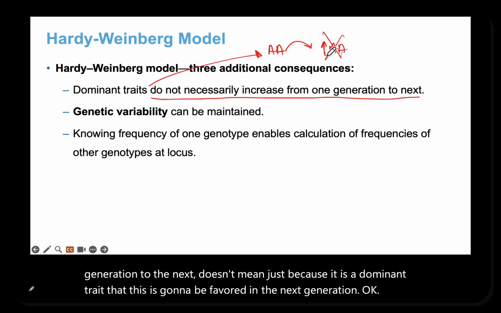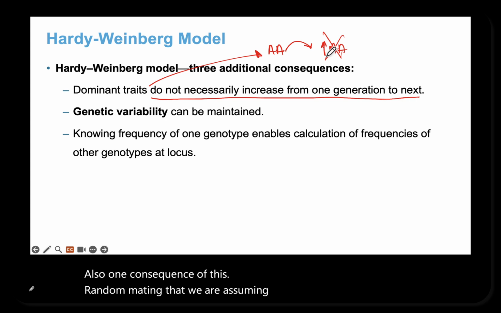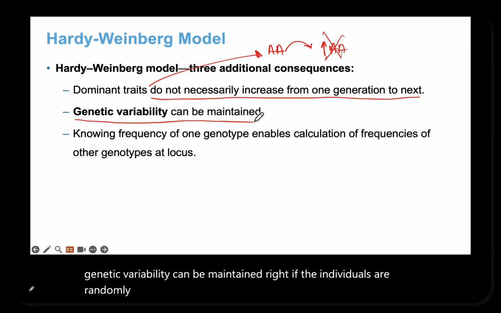Also, one consequence of this random mating that we are assuming in this population is that the genetic variability can be maintained, right? If the individuals are randomly mating, then you maintain the gene pool of that population.